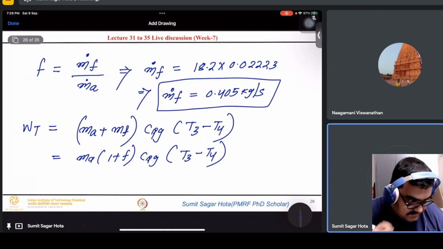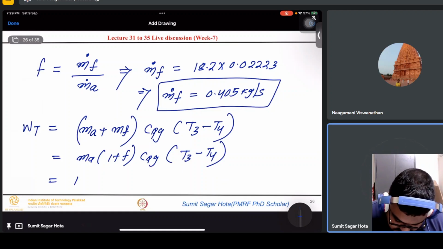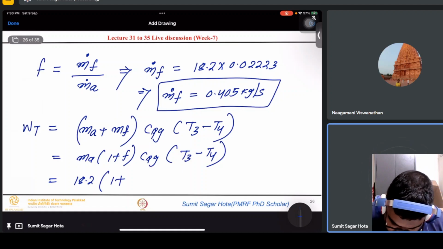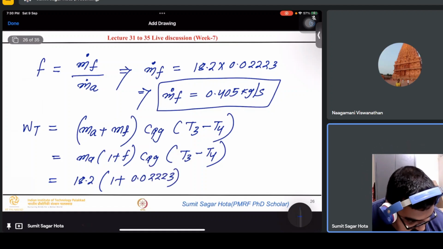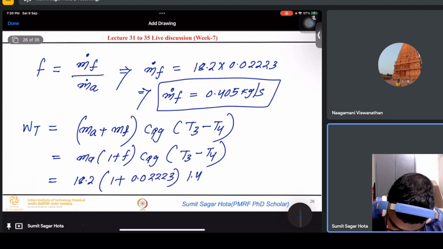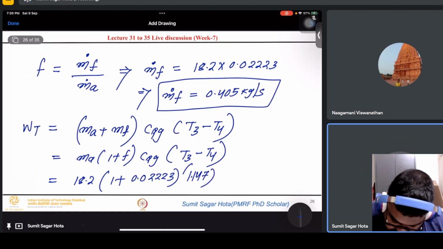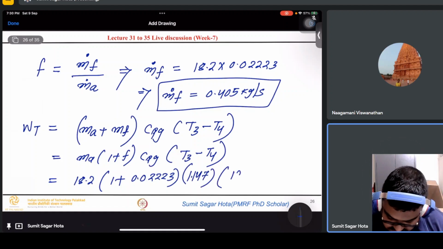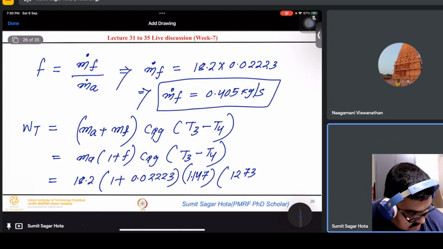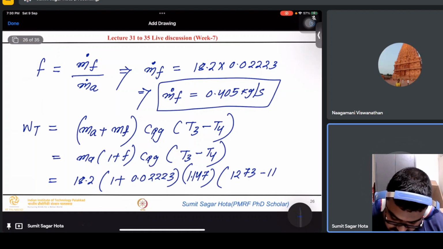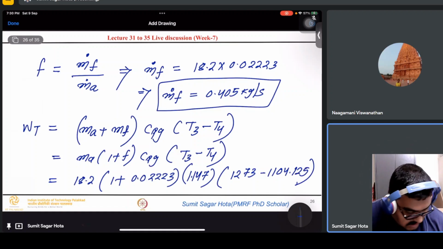What is m_a? 18.2, (1 plus F), what is F? 0.02223, CPG 1.147, T3 1273, T4 I already told you, 1104.125.